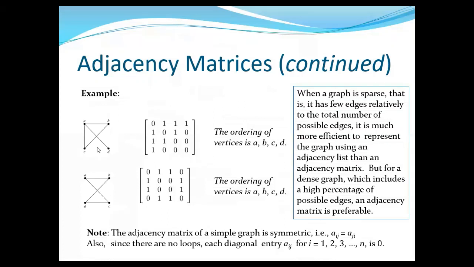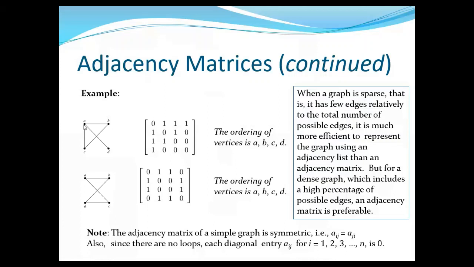The first column is for connection to A, the second column to B, the third column to C, and the fourth column to D. The first row defines the connections for vertex A, the second row vertex B, the third row vertex C, and the last row vertex D.